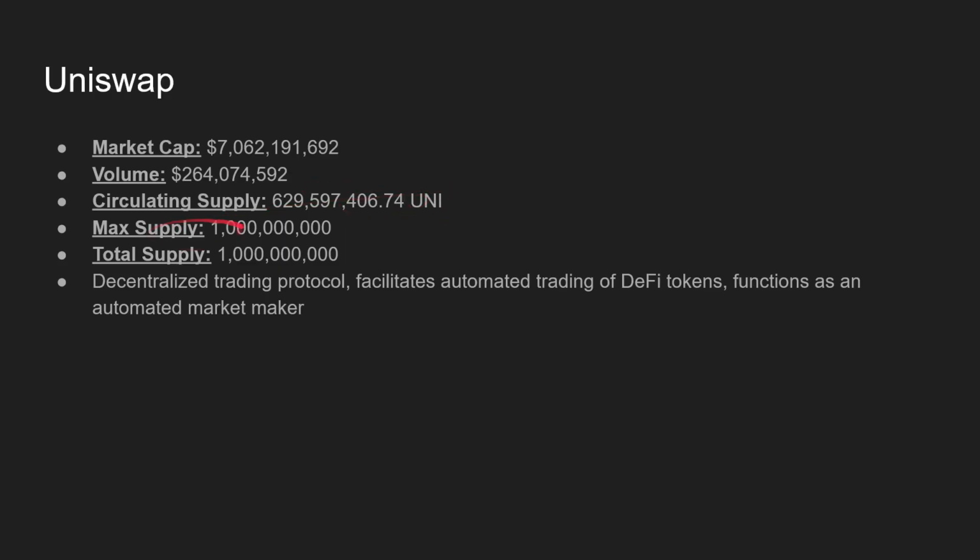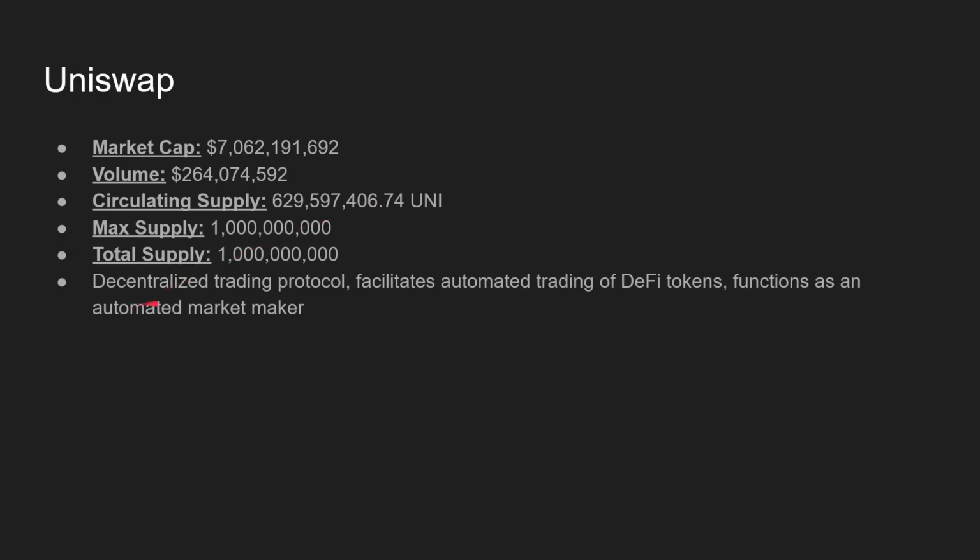The maximum supply is 1 billion tokens, and the total supply that's created is 1 billion as well. So the maximum supply is well defined and already reached, but there's only about 630 million Uniswap tokens in circulation that's available to the public.